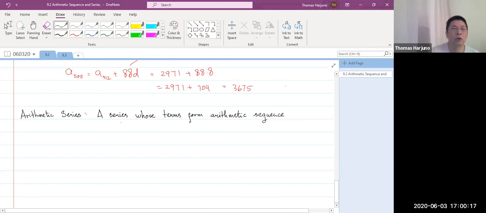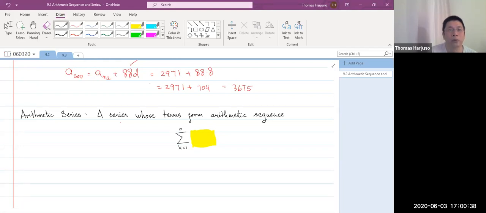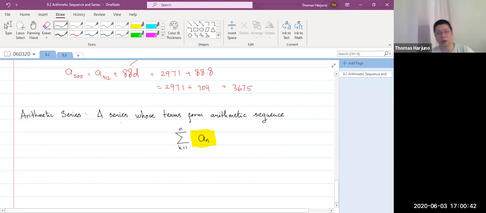Now with that said, if we write that in summation notation, then the terms that we are adding there will have the general form of an arithmetic sequence.